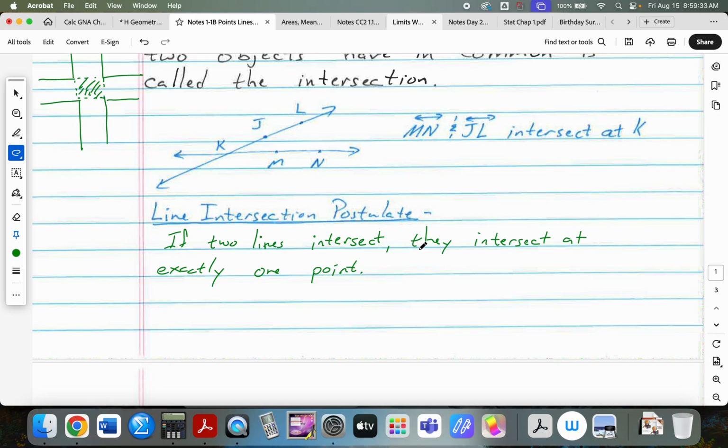And in math, when we say something like exactly one, we mean there is one and there's not more than one.